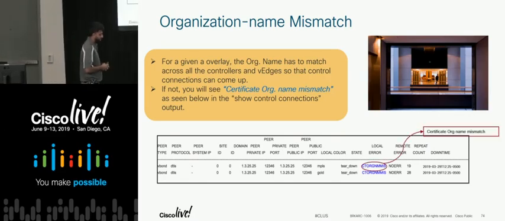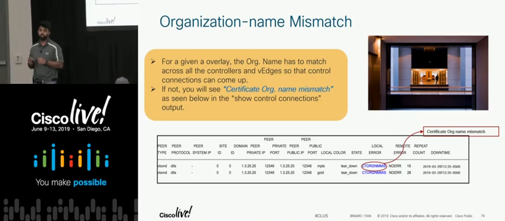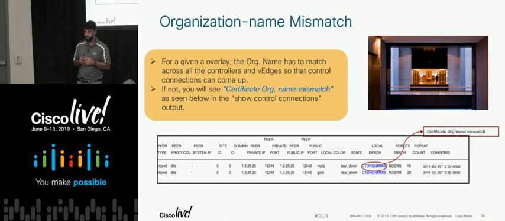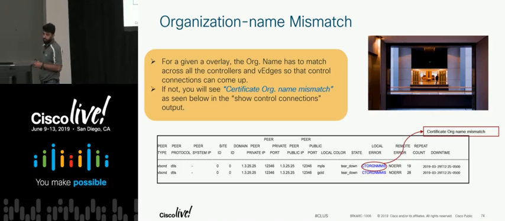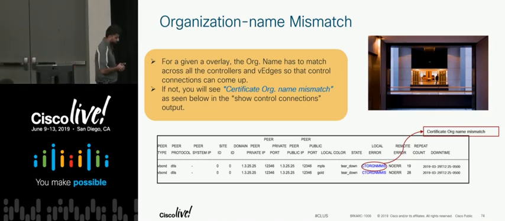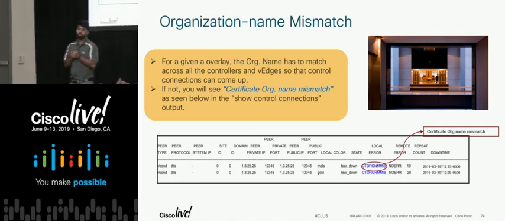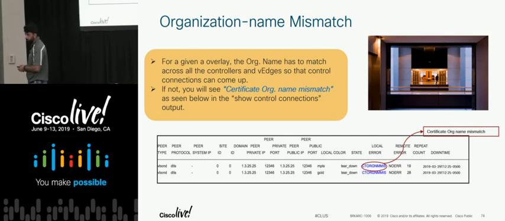For your overlay network, the organization name should be the same across your network, else there will be a mismatch and a control connection failure again. The organization name may not get updated if you have changed it. So we should make sure that the controllers and the devices have the same organization name.